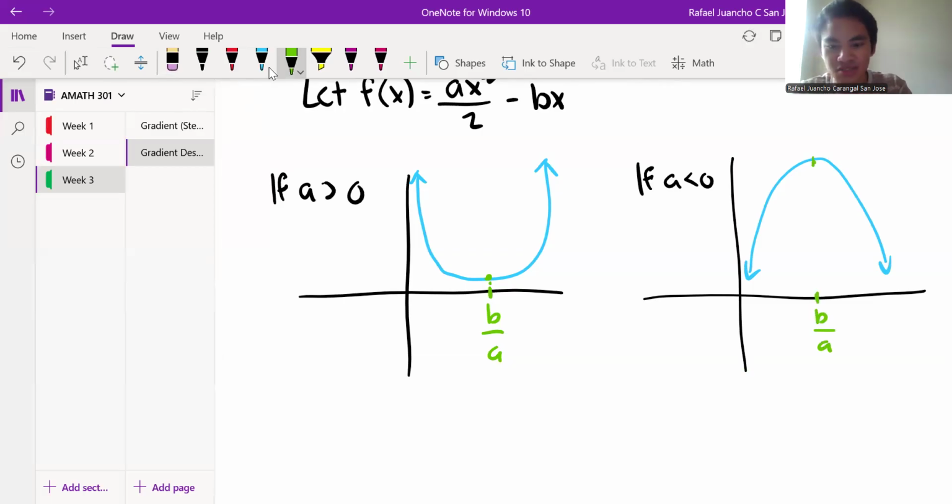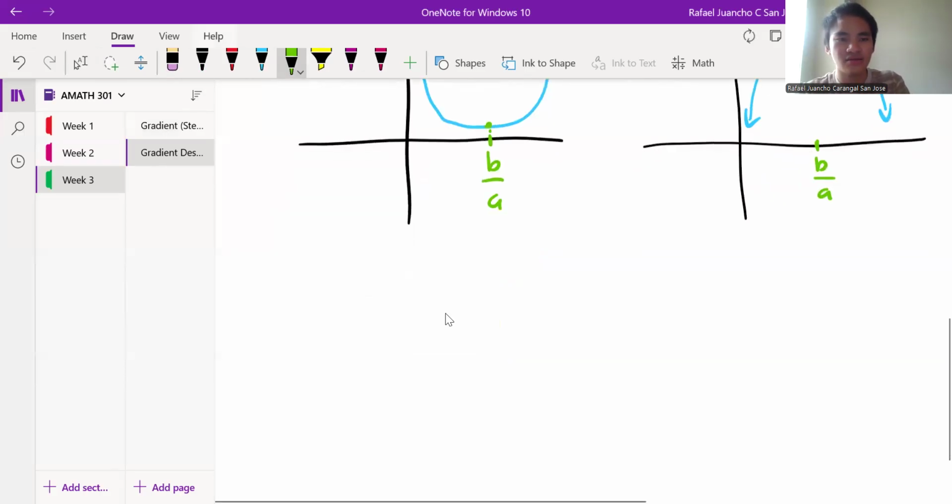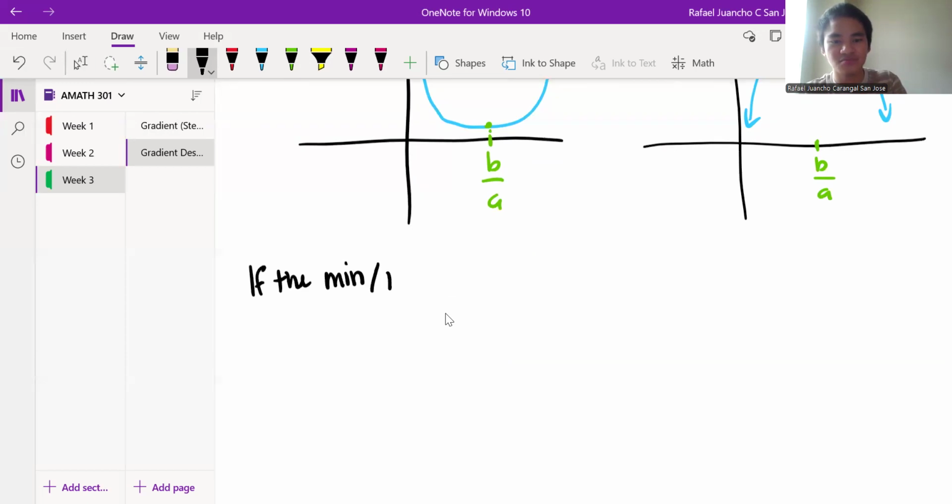And its vertex is b over A. So these are called the minimum and the maximum. Here in this case, it's a given, when x is at b over A.